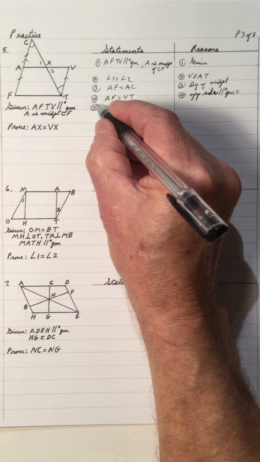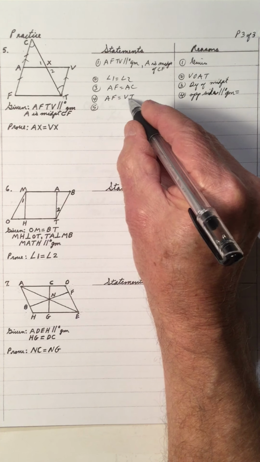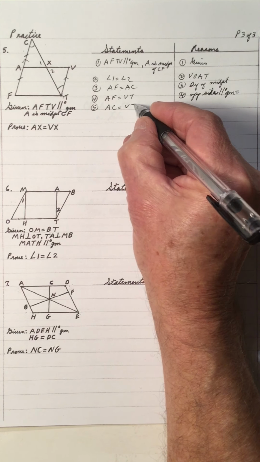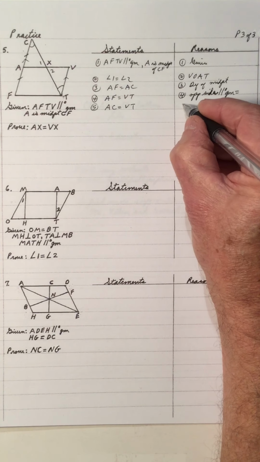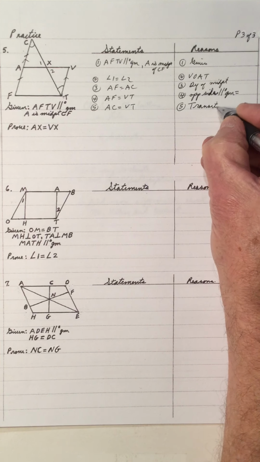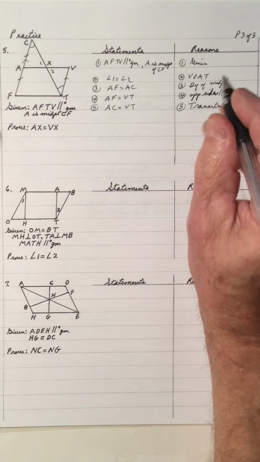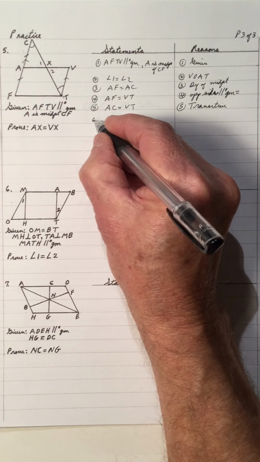And that means that if AF is equal to AC and AF is equal to VT, that means that AC is equal to VT. So AC is equal to VT, and that's a transitive property. Because in order to do congruent triangles, you need at least one pair of sides equal.